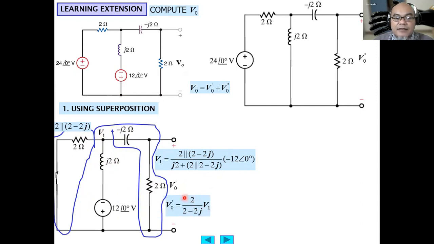So after obtaining V1, we can calculate V output dash using the voltage divider formula: 2 divided by 2 minus J2 times V1.